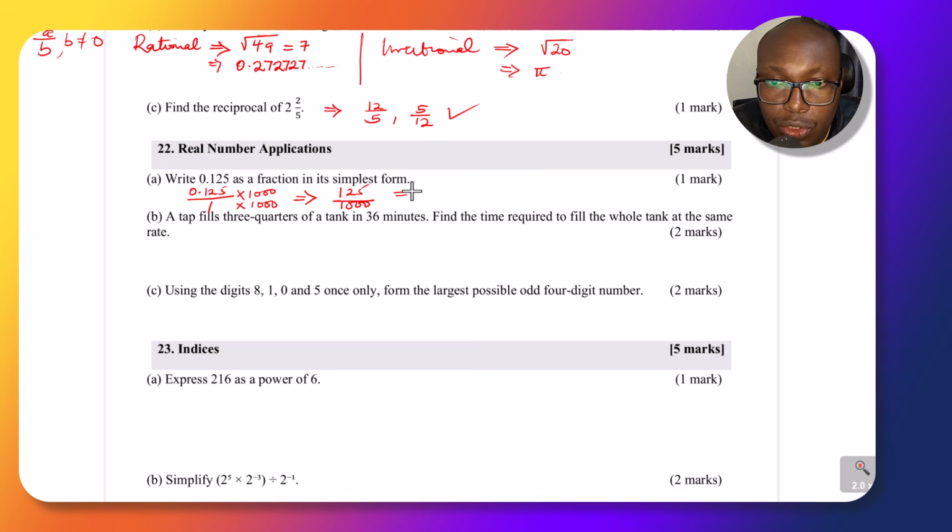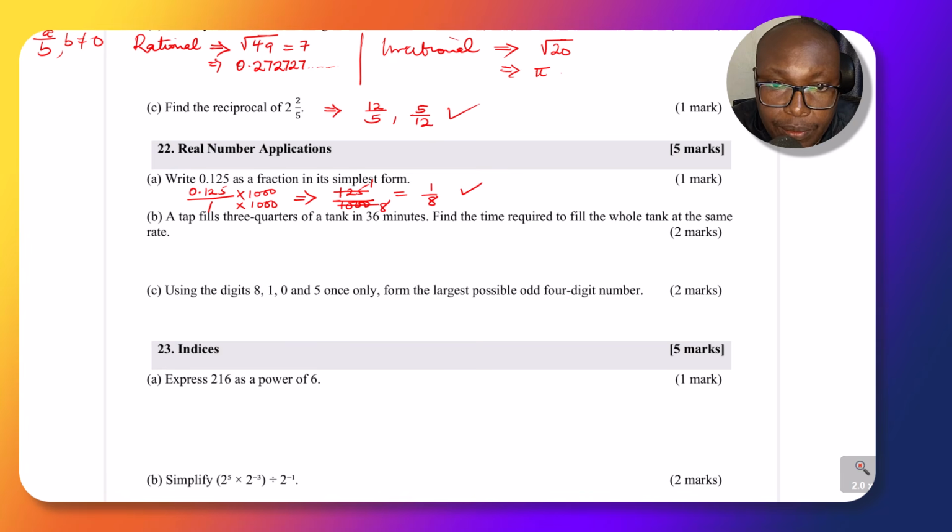From here, you can simplify by dividing the numerator by 125 to get 1, and dividing 1,000 by 125 to get 8. So dividing both by 125, you get 1 over 8.